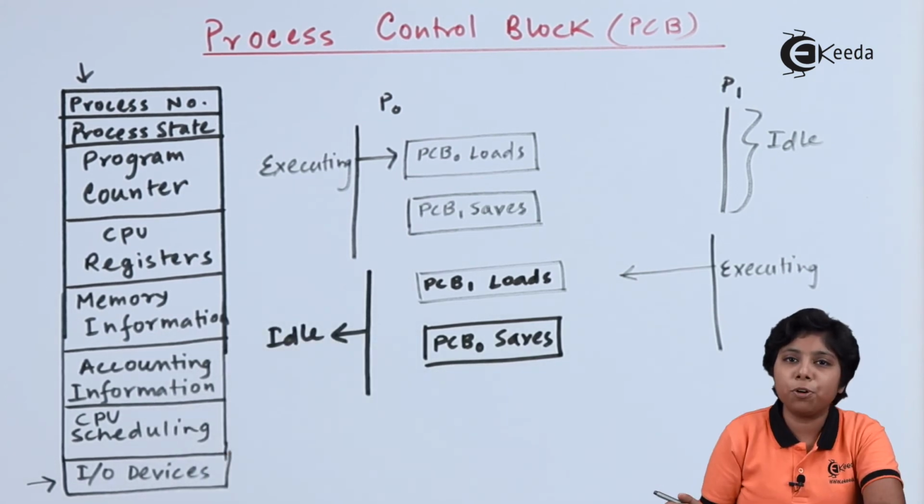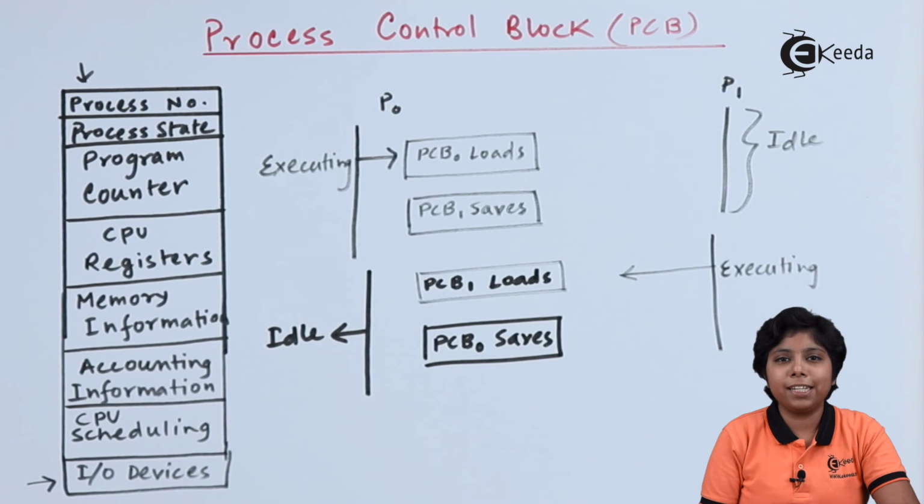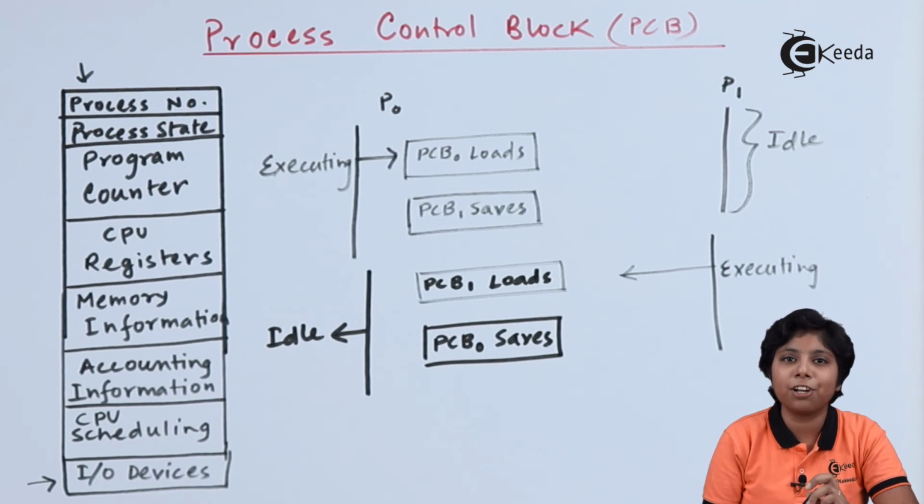Here the P0 process is idle, which is why we are saving the process state in PCB0 and loading the process state of PCB1 to execute P1 on the CPU. In this way, the PCB acts as a repository to give specific information and context about the current process and the processes that were being executed on the CPU.